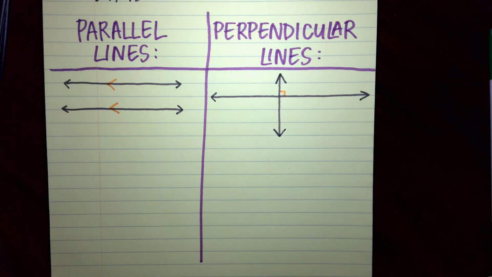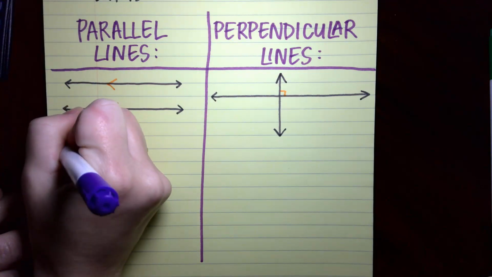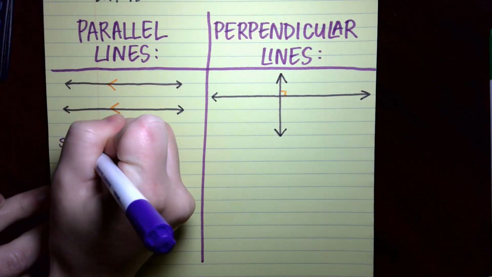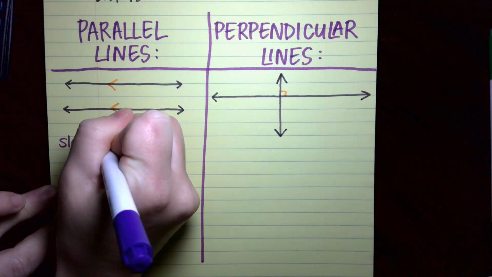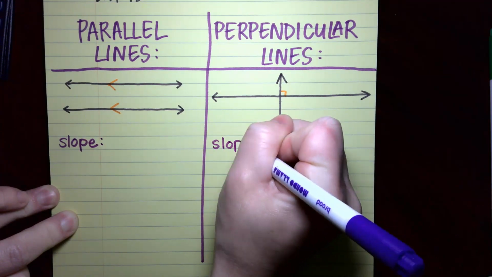Okay, so now let's talk about the slope of both of these types of lines. I am going to start by just writing slope. So I have a little section for slope on both of them.